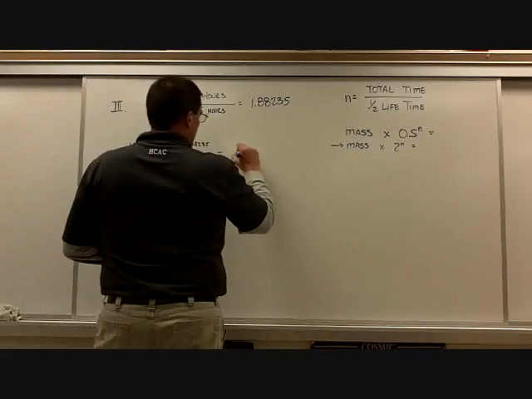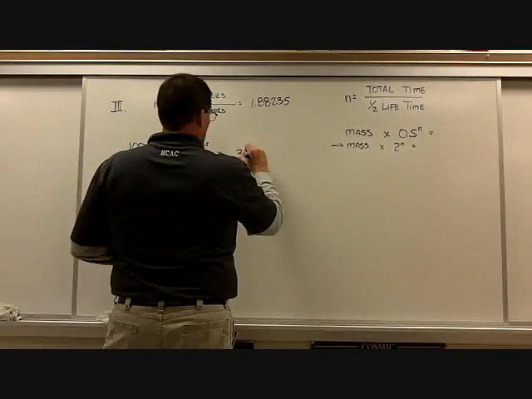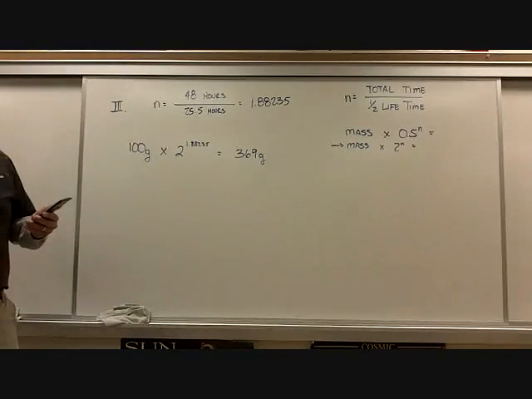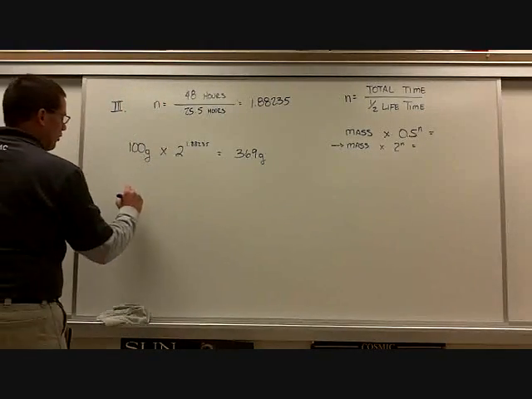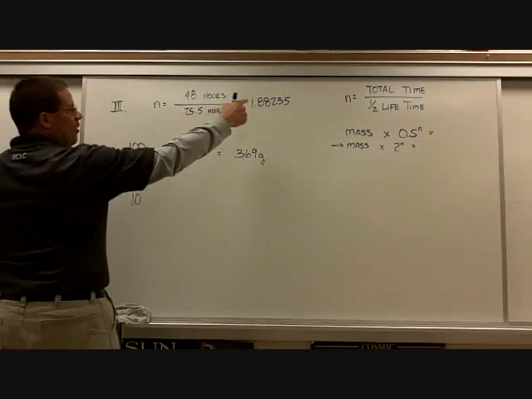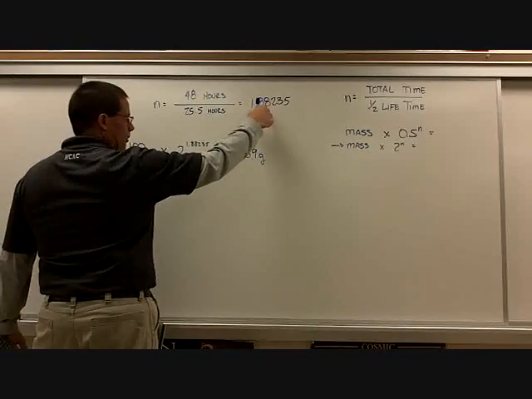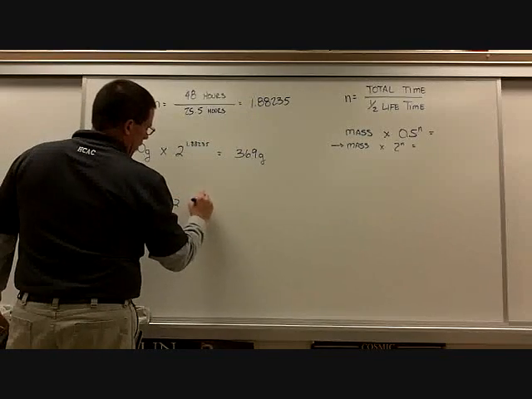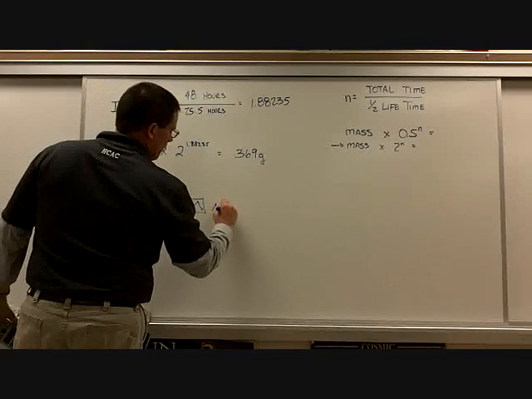So anybody get like 369? I got 368.675856. Okay, so the way I typed this in on my calculator, I actually did this first. So it's in my calculator. And then I did 100 times 2 caret answer button.